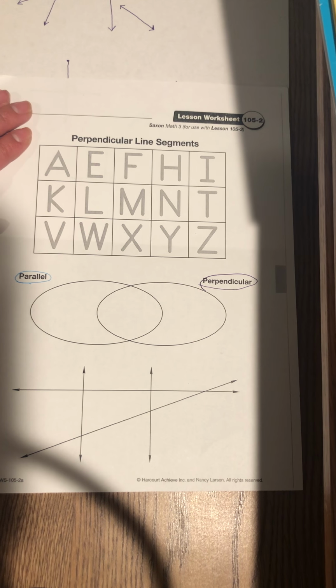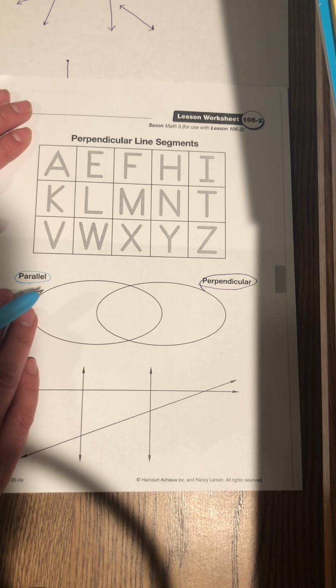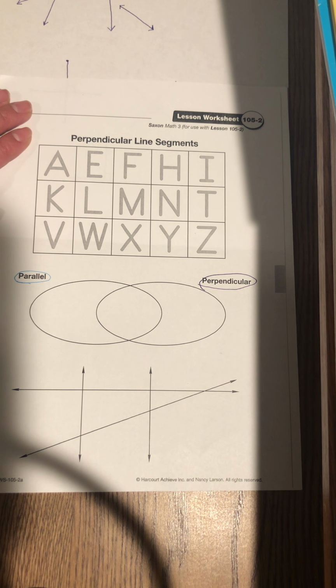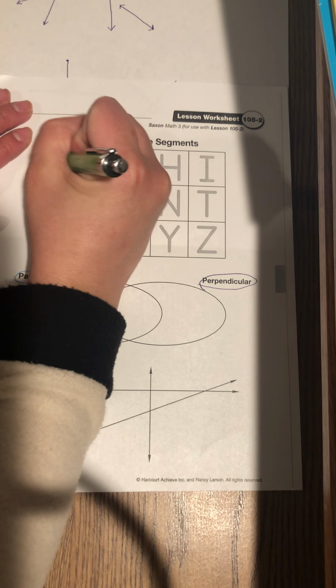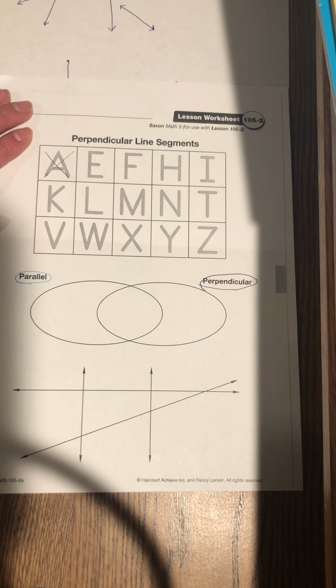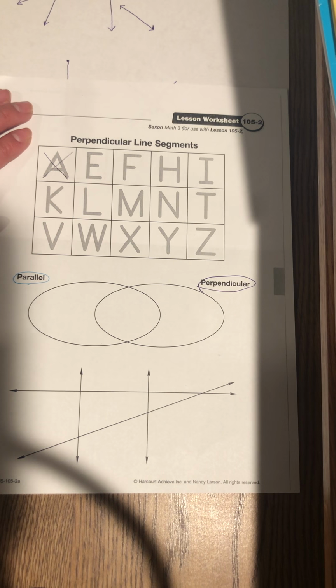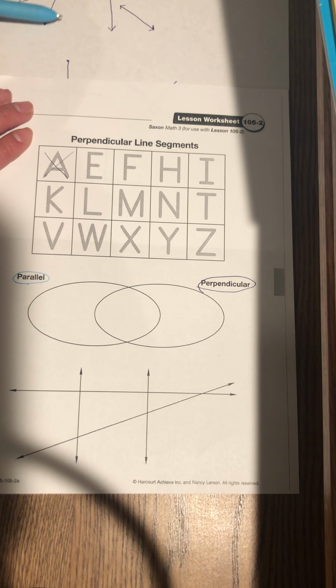No. So these are neither parallel nor perpendicular. So I'm just going to X that out. A has neither perpendicular nor parallel lines in it. It has intersecting lines, but those are not perpendicular or parallel.